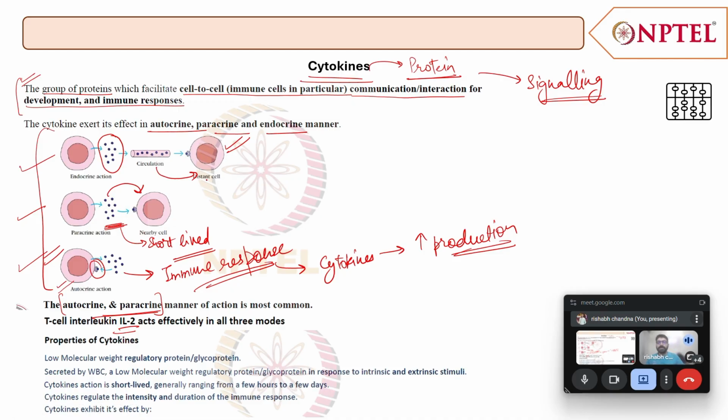Okay, so here are some of the properties of the cytokines. For example, these are low molecular weight proteins or glycoproteins. Most of the immune system related molecules or receptors are glycoprotein in nature.